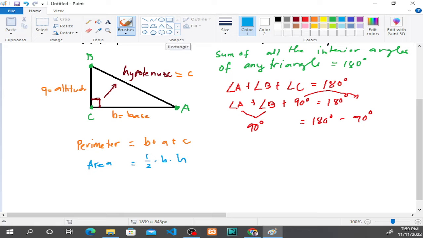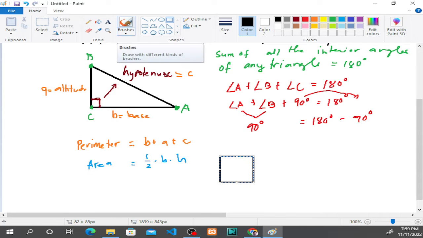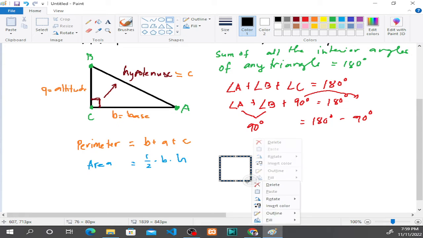Because if we draw a square, the sides of the square are all equal to one another. So there it is, a little square.